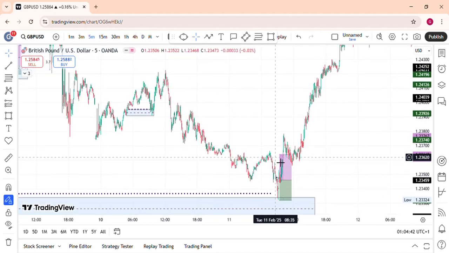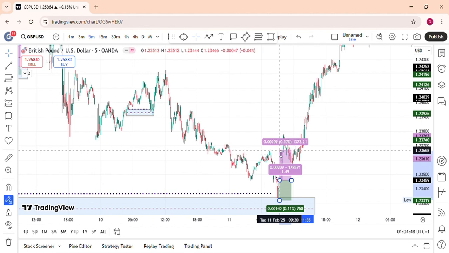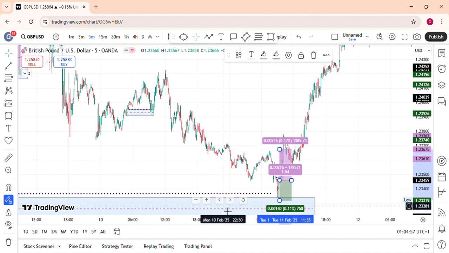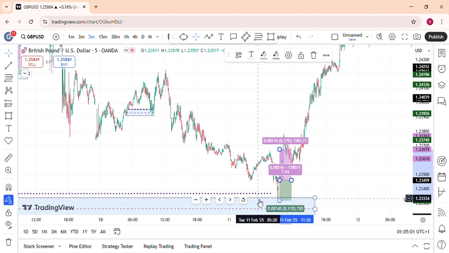your previous high. You can take profit here, but it's not advisable to take profit here because it's not really coming from a higher time frame PDRE, which is your fair value gap.